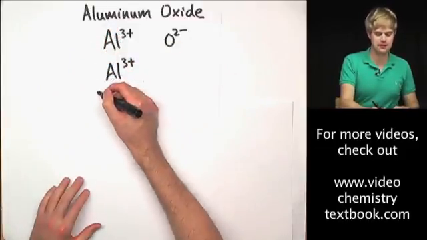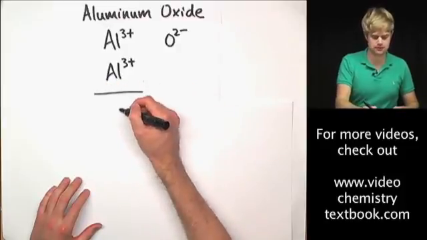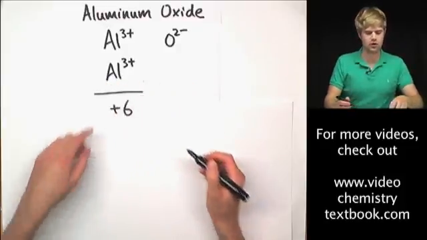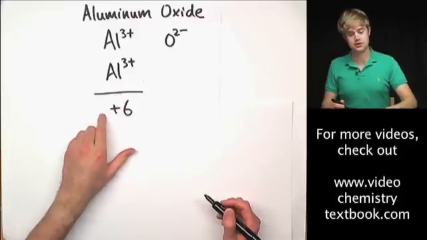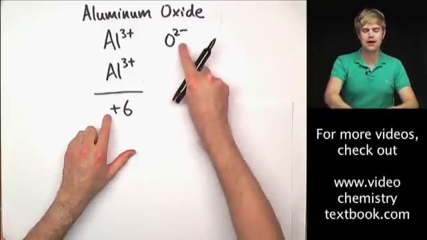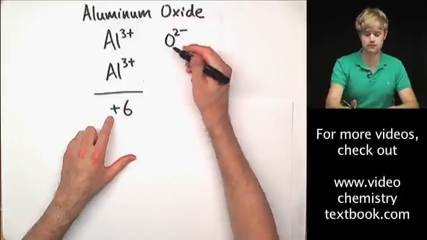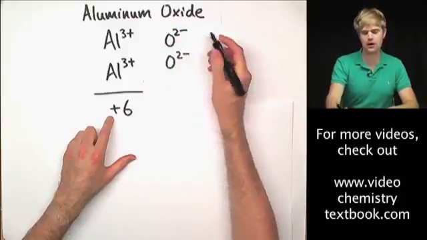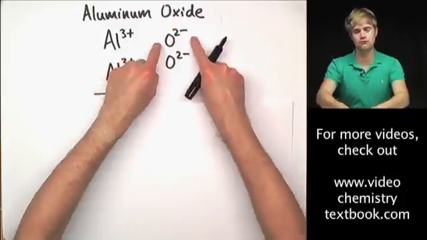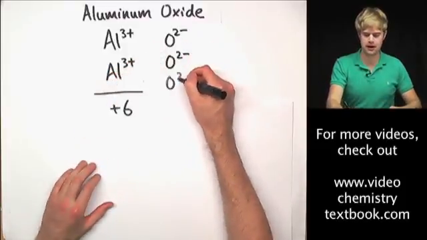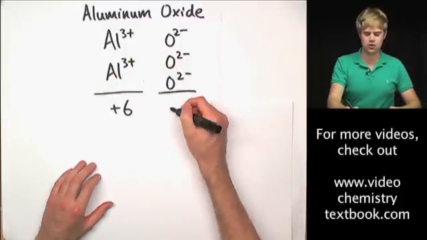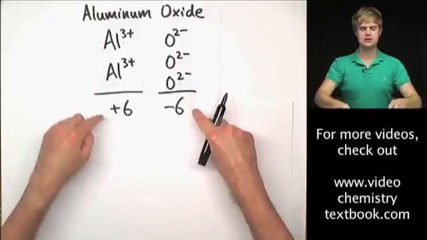Each aluminum atom has a charge of 3 plus. So I have a total of 6 plus. Now I can balance out the 6 plus by adding more of the oxygen. I add 1 more oxygen, I have a total of 4 minus. And I add 1 more, I have a total of 6 minus.